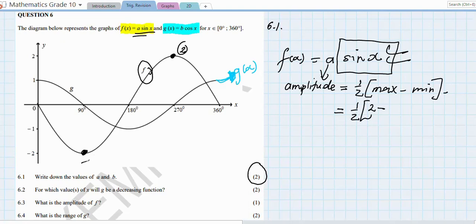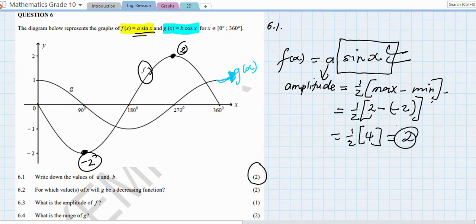What is the y value there? It's negative 2. So we are going to say 2 minus negative 2. So let's put it in brackets so it makes sense, and then I close it off with the square bracket. To solve this thing, it's easy maths. We know that 2 minus minus 2, it's 4. And then half of 4, we know that it's 2. So whatever they are looking for there, the value of a, it's 2.